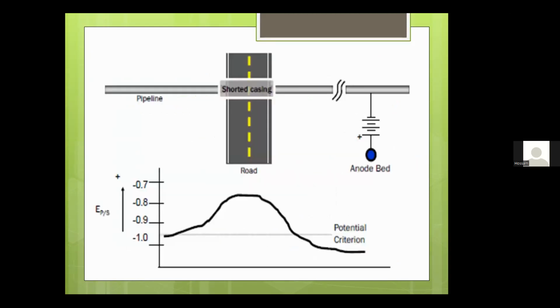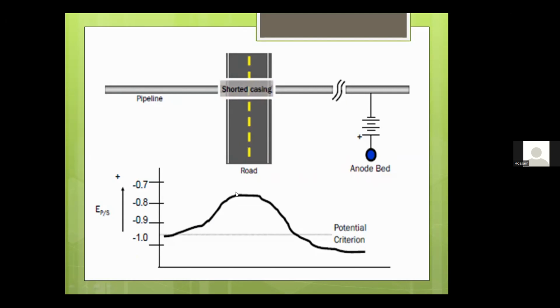Here is the pipe-to-soil potential survey. This is a pipeline, and the casing is installed below the road. This is a ground bed. As we take the structure-to-electrolyte potential from here to here, we can see that the potential becomes more electropositive as we come closer to the casing.